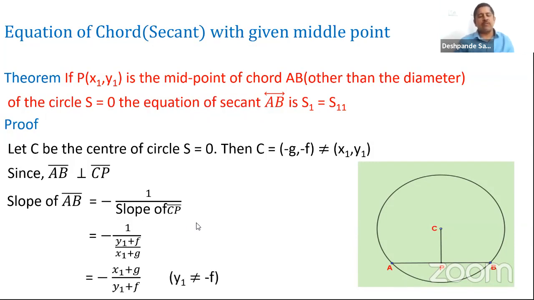So you get minus of (x1 plus g) by (y1 plus f). So definitely the value of y1 should not be equal to minus f. If you have y1 equal to minus f, the denominator value is going to be 0, so you get the slope as infinity. That is the reason we have given the condition that the point should not be on the diameter. If the point is on the diameter, you are going to get the slope as infinity.